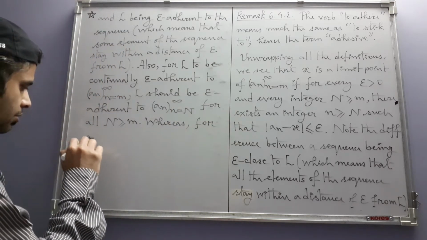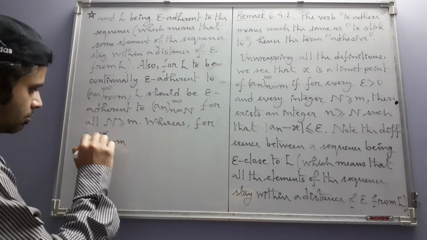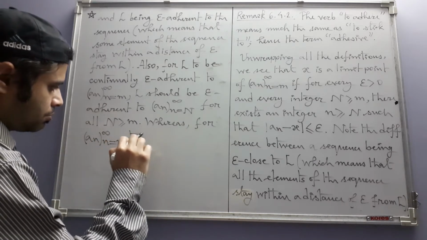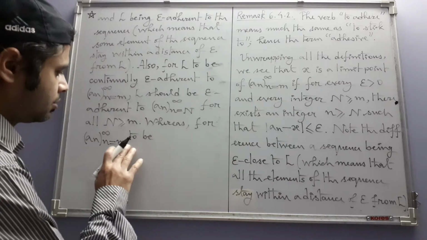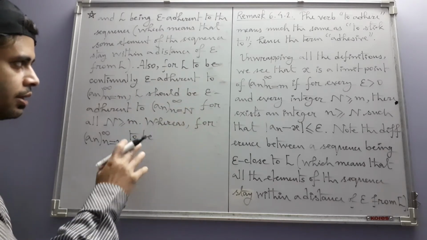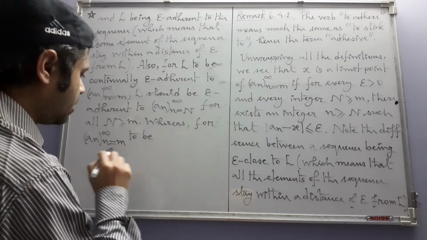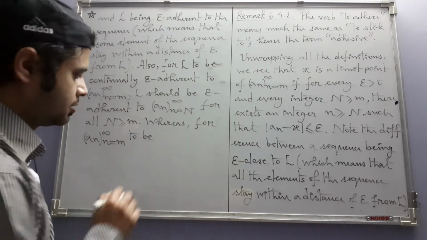for this sequence to be, what is the corresponding notion in the definition of limit? Here we have continual epsilon adherence, here we have eventual epsilon closeness.